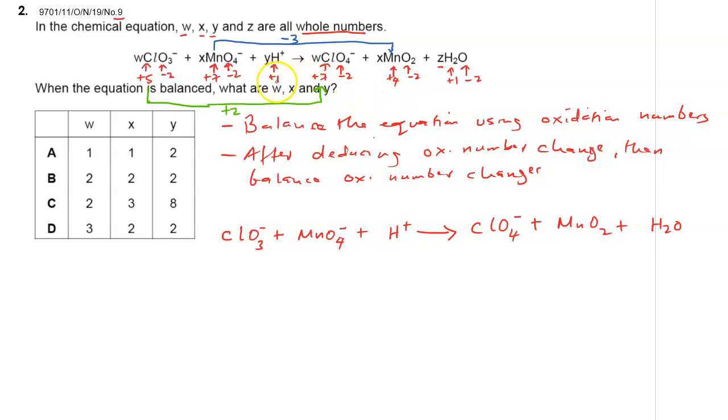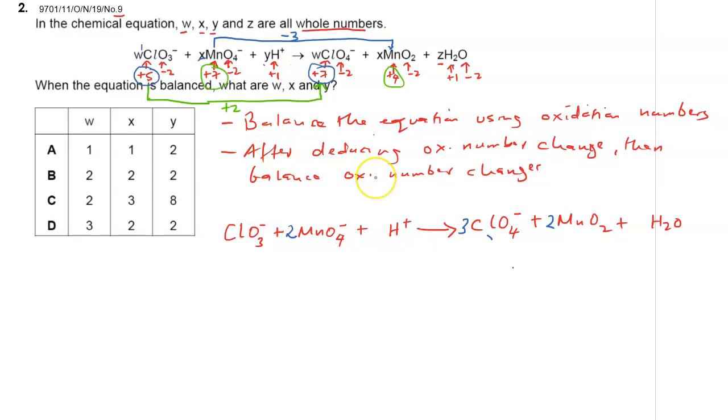Hydrogen has not changed at all, so it's only chlorine and manganese which are changing. So what do we need to multiply? Let me write this equation again here.